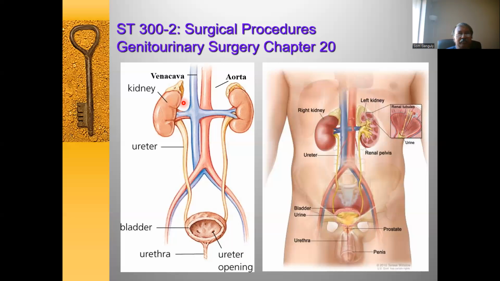There are lymph glands, lymph channels going by the backside of the body. If you go further down, you're going to find the vertebra, the lumbar vertebra, anterior body of the lumbar vertebra. Then you know you have reached the backbone.